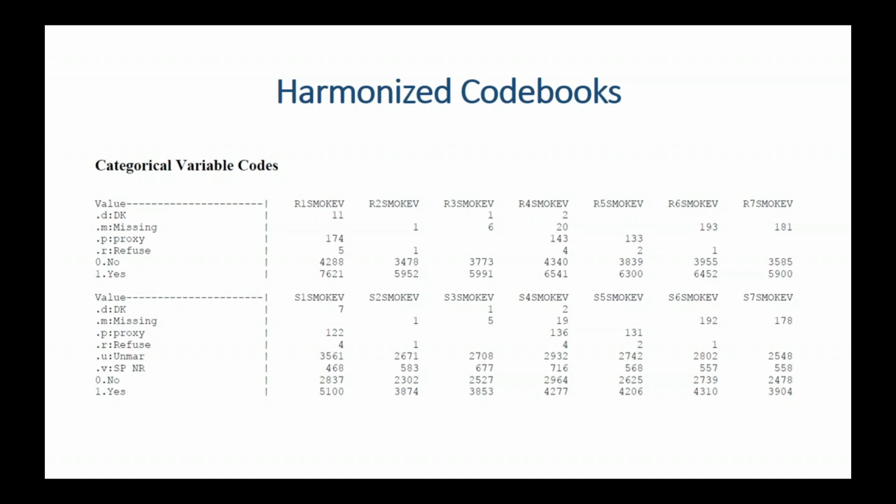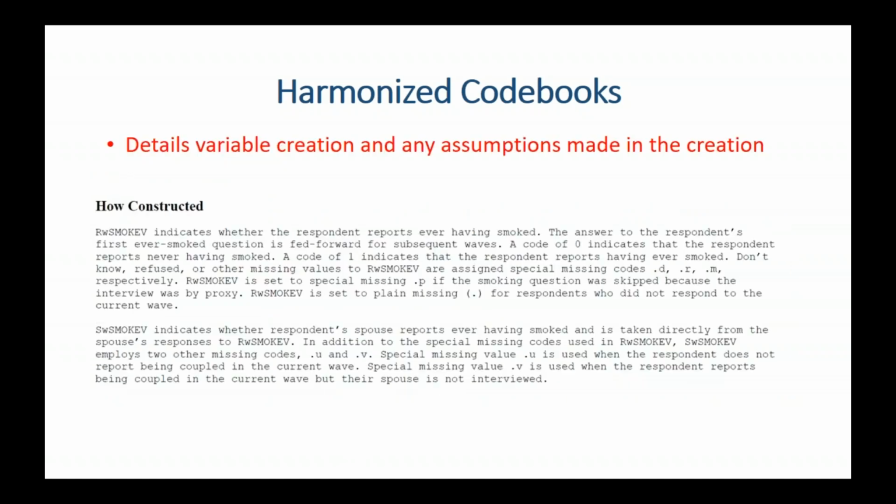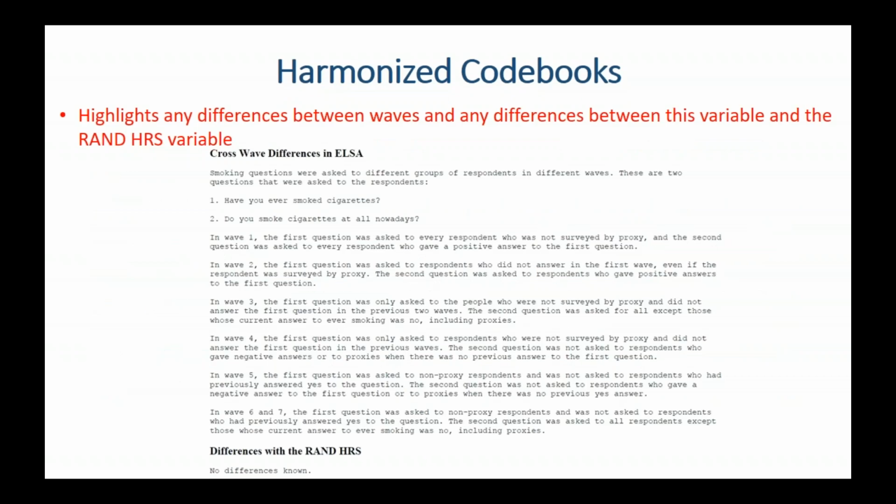And the categorical variable codes associated with each variable, including special missing values, to provide more information about why a variable may be missing. The codebook also details exactly how the variable was created and any assumptions that were made in order for us to create the variable.